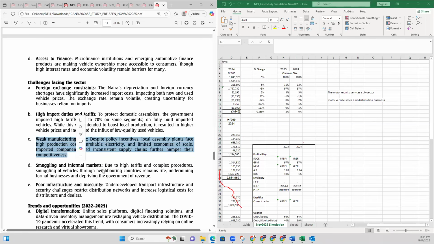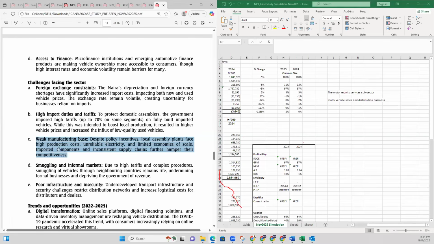Smuggling and the informal market. This is also very big in the market, and it's a very big challenge for that sector. A lot of us might know, especially those of you living around Lagos or Ogun State, you might be familiar with all of these things that happen around Idiroko side, where all these so-called firewall guys bring in cars every now and then without passing through the normal route.